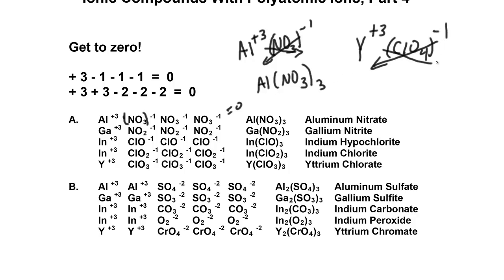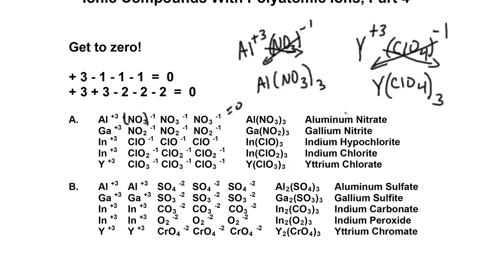Play that crisscross game. Yttrium perchlorate, ClO4, I need 3 of them. Bring that 3 down, bring the 1 down. Notice that perchlorate has 4 oxygens, chlorate has 3 oxygens, chlorite 2 oxygens, and hypochlorite has only 1 oxygen. Knowing the names of those polyatomic ions really helps in naming the chemical compound.